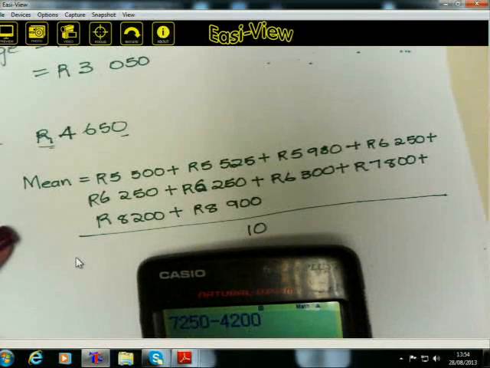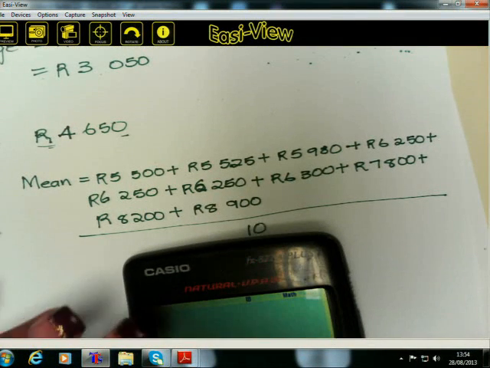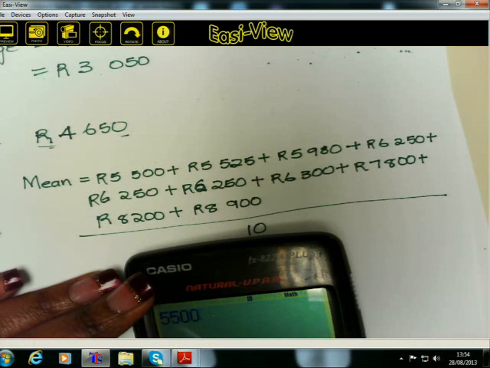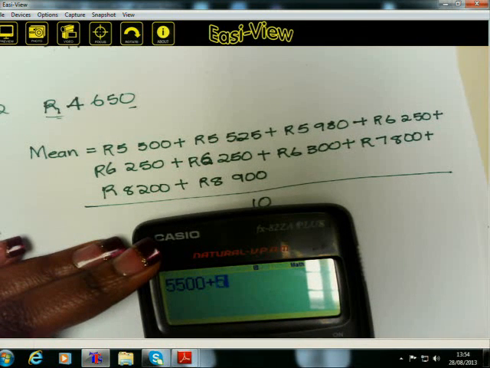Now let us punch all of these numbers in our calculators to see how much we get. 5,500 plus 5,525 plus 5,980 plus 6,250 plus 6,250 and another 6,250 plus 6,300 plus 7,800 plus 8,200 plus 8,900.